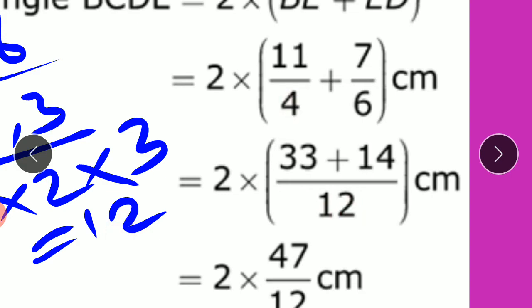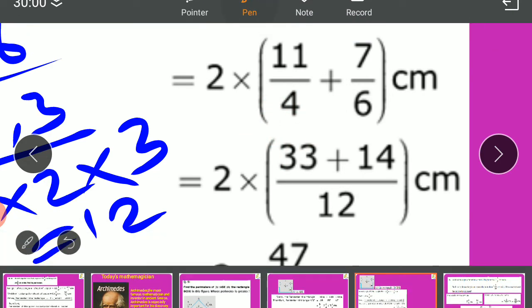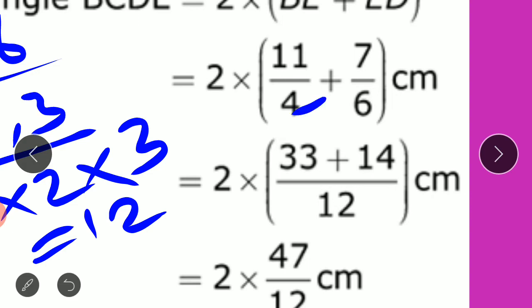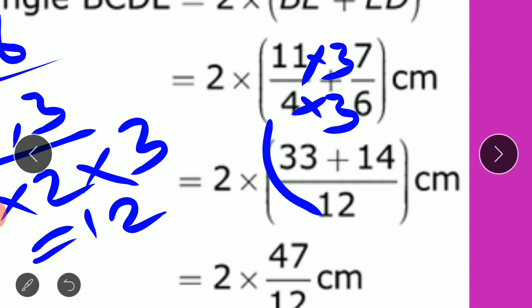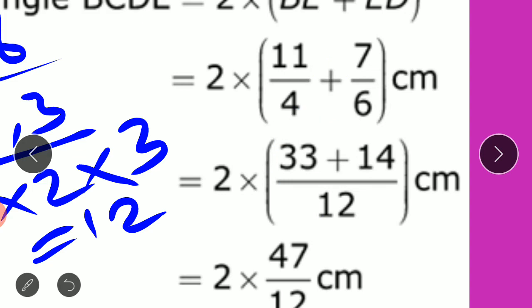Take the first fraction. What is the denominator? 4. With 4, what is to be multiplied to get 12? 3. 4 3s are 12. With the same factor 3, you multiply the numerator. 11 3s are 33. Like that, take the next fraction.